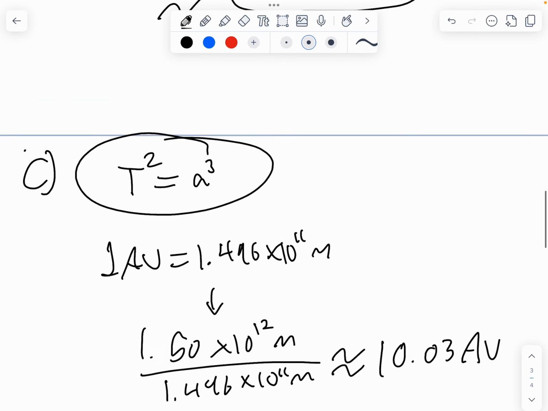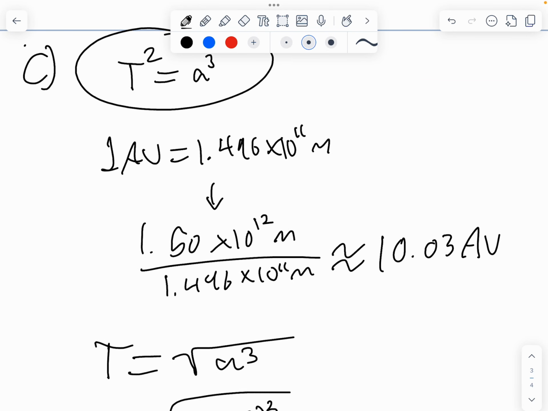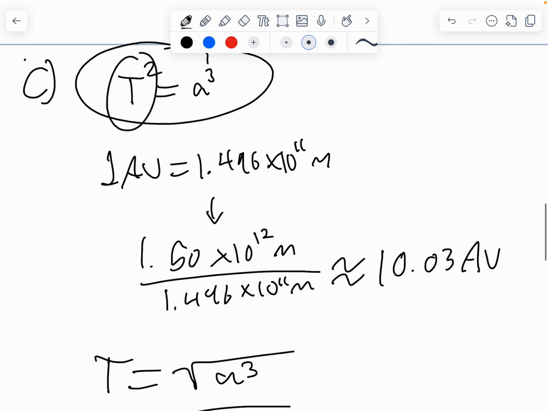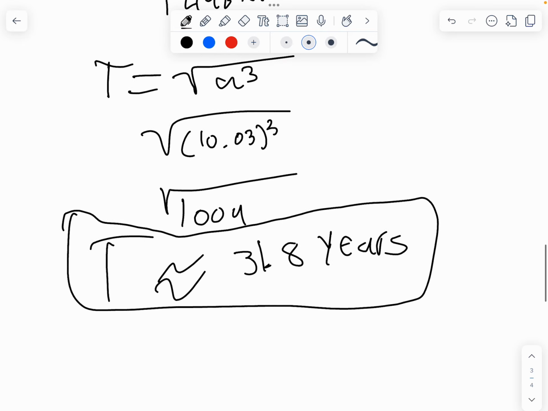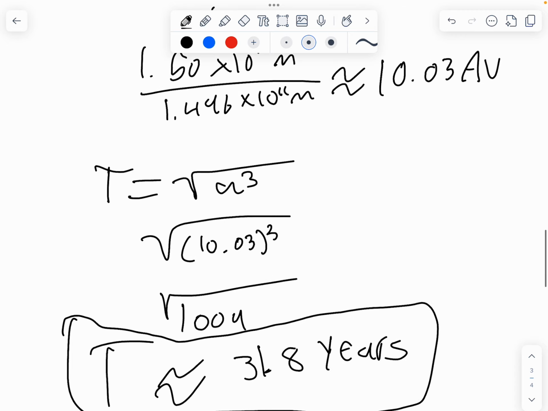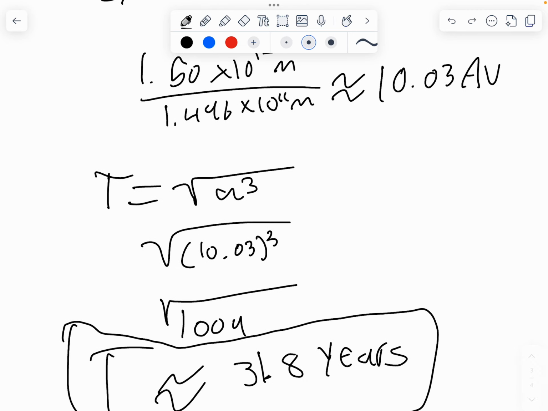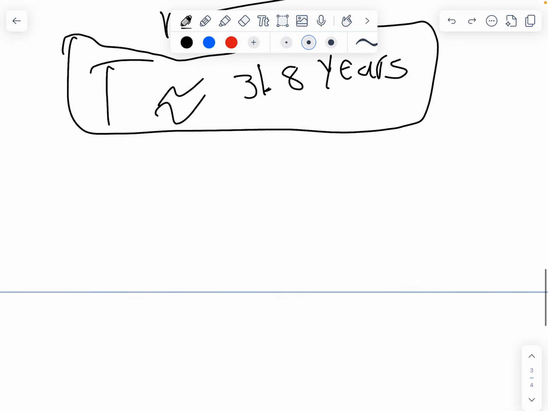That is just a simple way to convert astronomical units into time. You're probably wondering why T wasn't squared here. It's because T is 1, so 1 squared is just 1.